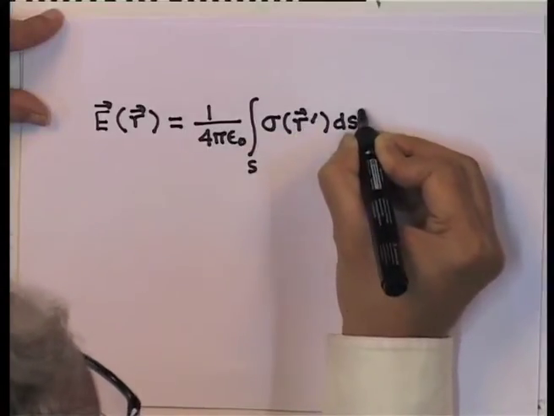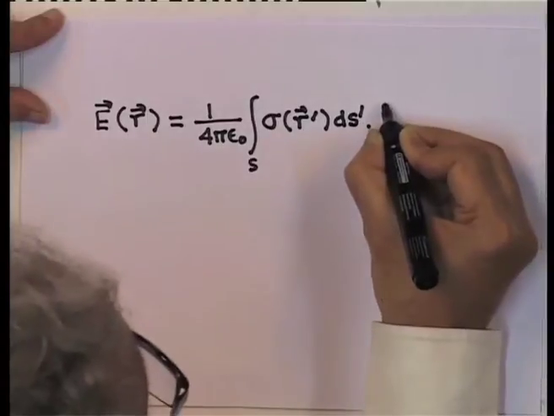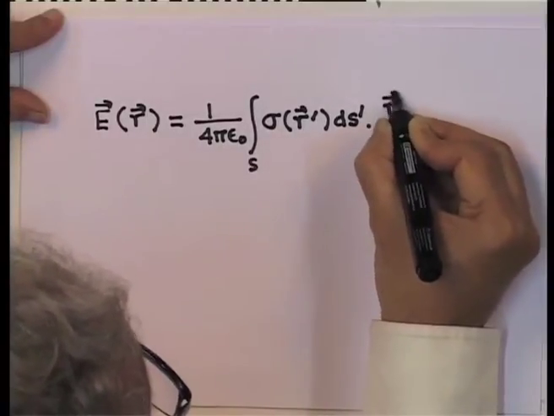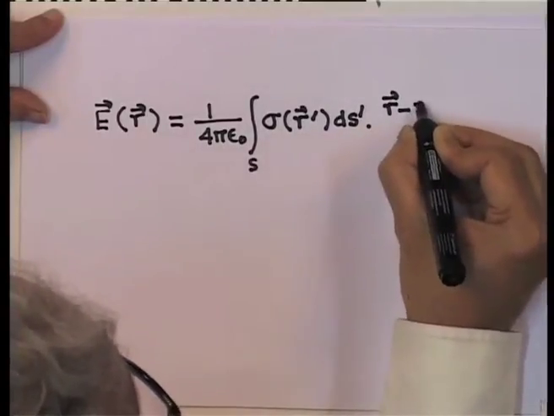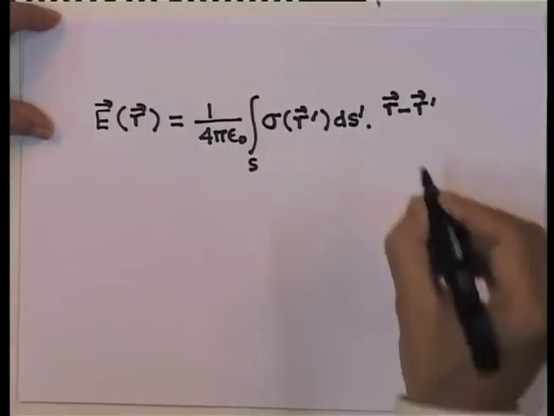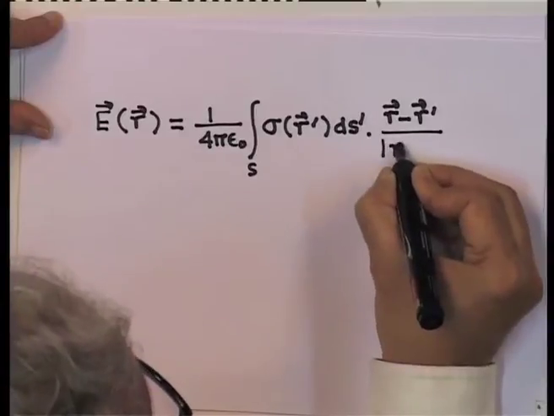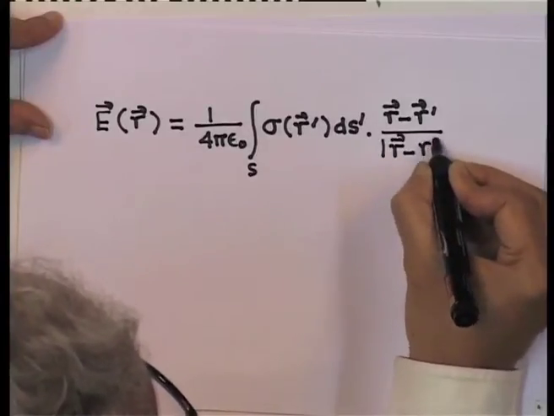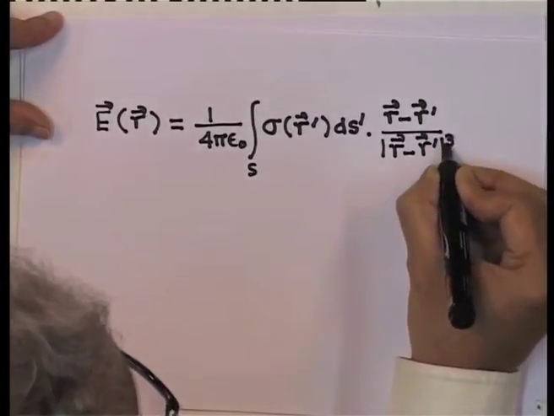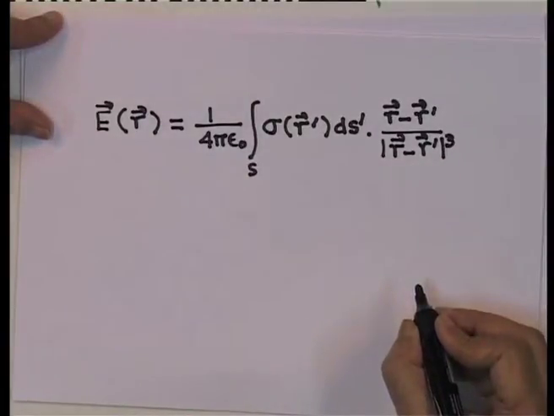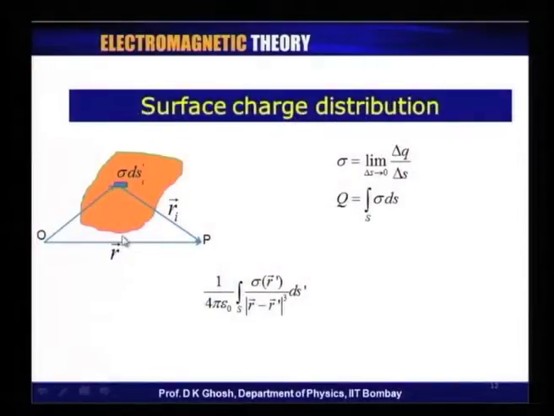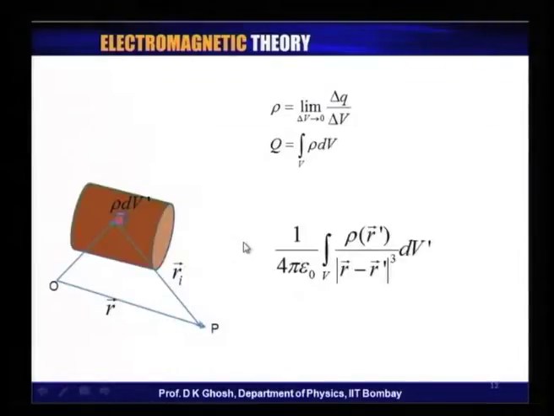So, that is your charge element, and the electric field we know varies as inverse square. So, vector r minus r prime divided by modulus of r minus r prime cubed. So, this is the surface charge distribution.